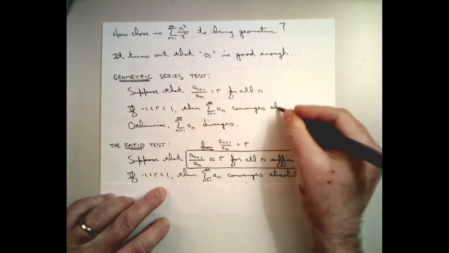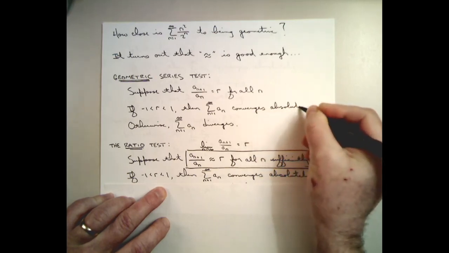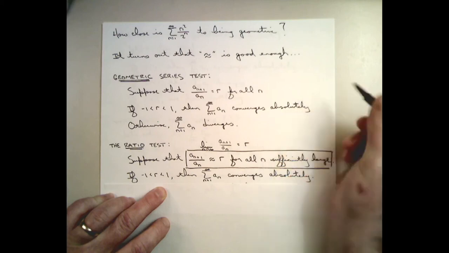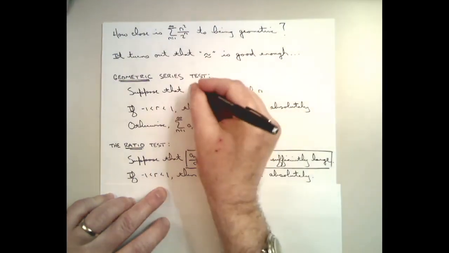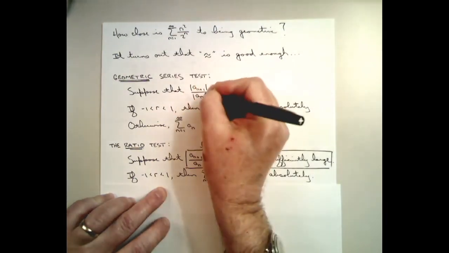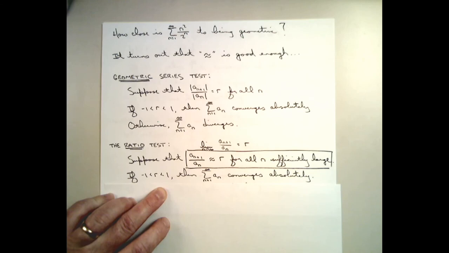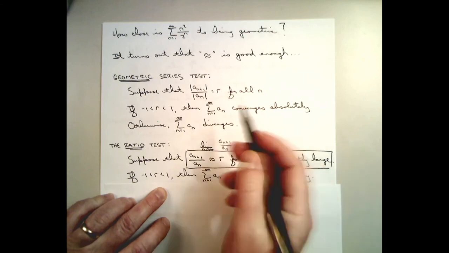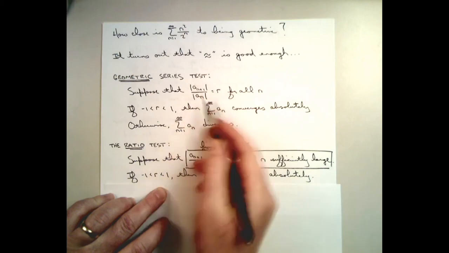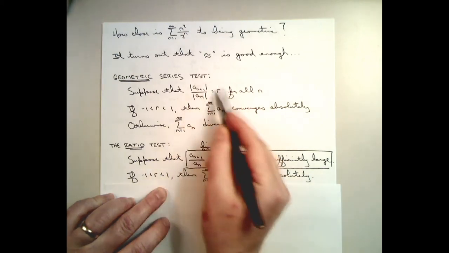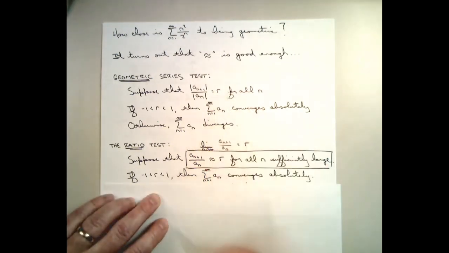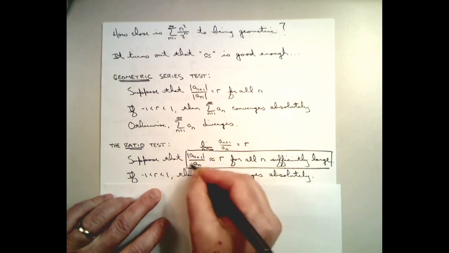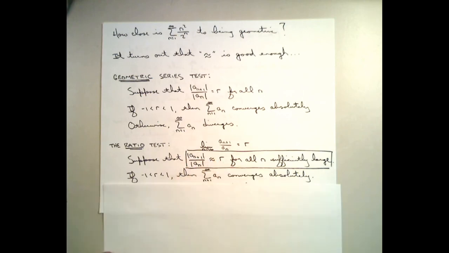We could have written absolutely here, because we could have instead ignored the signs of the terms, and if the ratio had been negative before, then ignoring the signs is going to make it positive, but it's going to be the same. The absolute value of that r value is also going to be between -1 and 1. So I could make this down here as well.